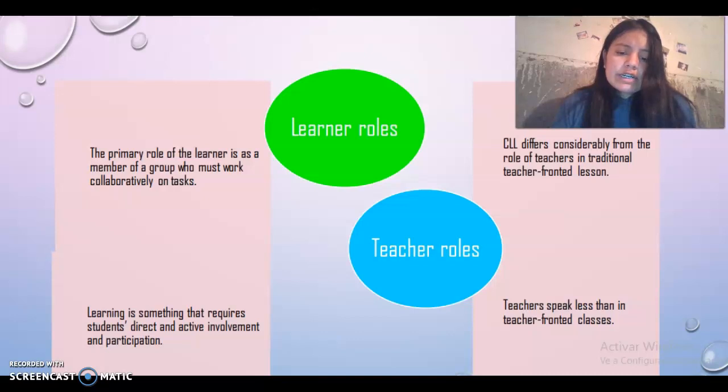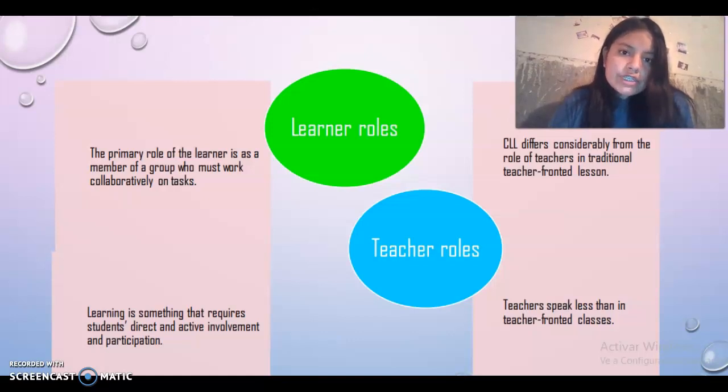Another thing the learners have to be aware of is that they are going to be directors of their own learning. They have to be monitoring, planning, and evaluating their own learning.